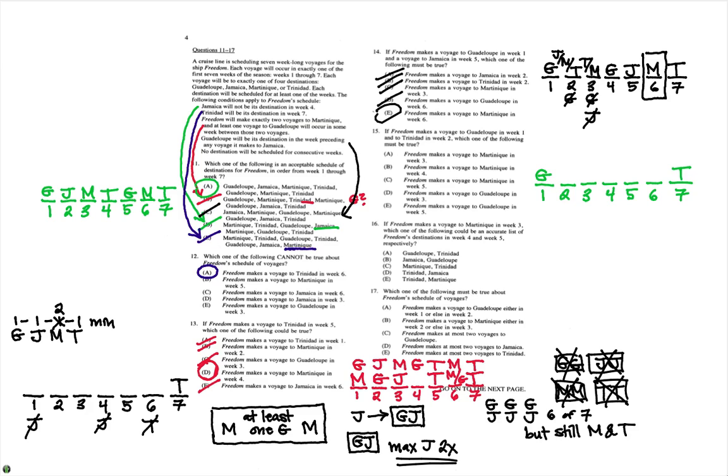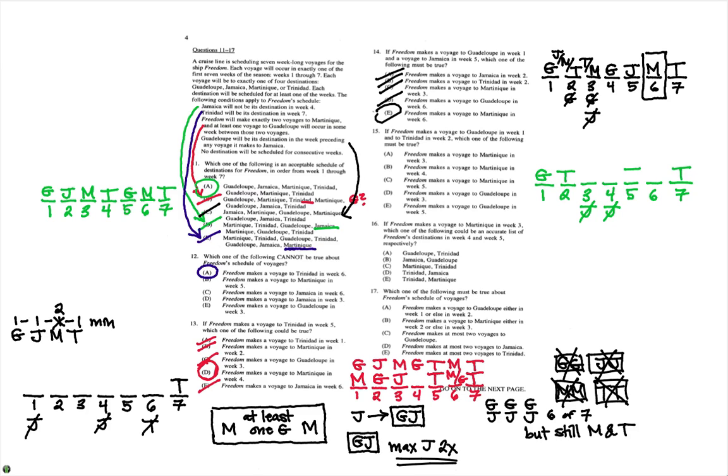And Trinidad is also going to show up again in week 2. So now, let's try to place Jamaica and our two Martiniques. We know Jamaica cannot show up 4th. We also know that it cannot be 3rd now because the week preceding the 3rd week is Trinidad, can't be Guadalupe. So the only two possibilities right now for Jamaica are 5 and 6.